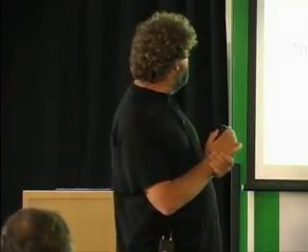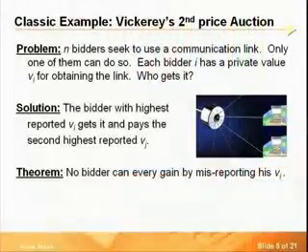So the really amazing idea that Vickrey had back in the 60s, for which, by the way, he got a Nobel Prize, was to use the second highest price, the Vickrey auction. Basically, the highest bidder wins, but the price that he pays is the second highest price, the price of the second highest competitor. So what is so good about this?